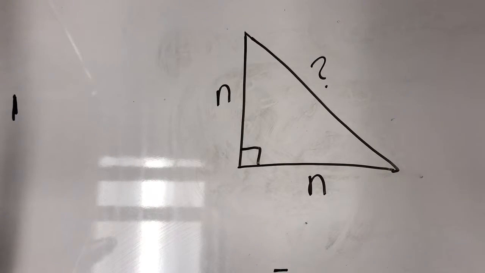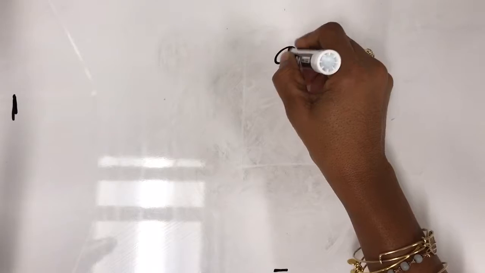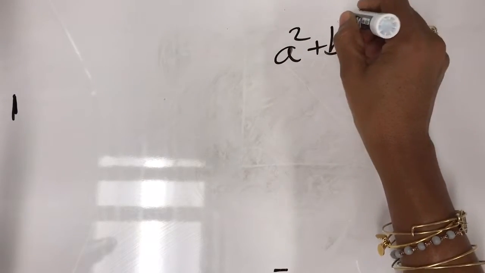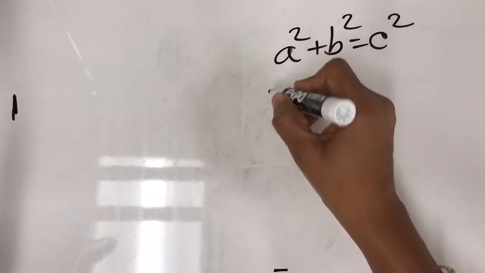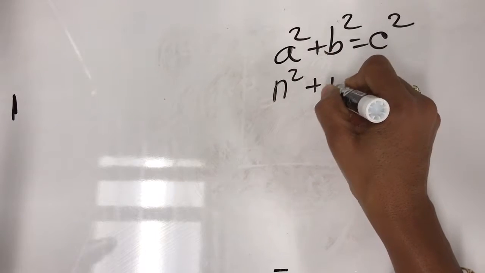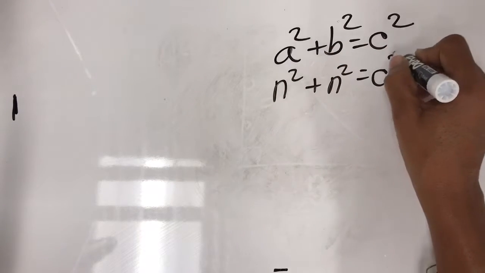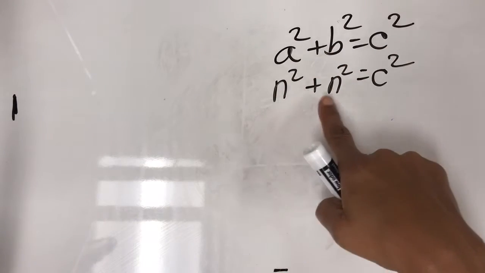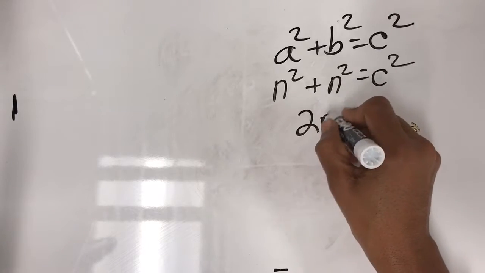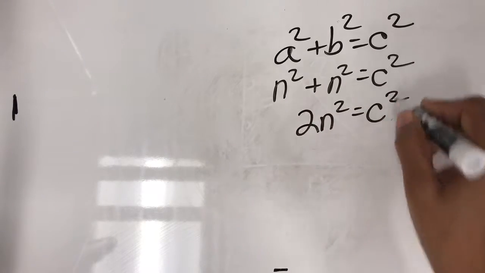Well, we have the Pythagorean theorem, and we can check what that side is using it. Because my space is kind of small, I'm going to erase that, but I hope you have that in your notes. Now we're going to do a squared plus b squared equals c squared. We fill in the n for both the a and the b. n squared plus n squared equals 2n squared equals c squared.